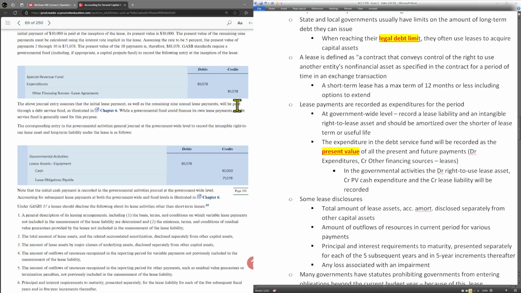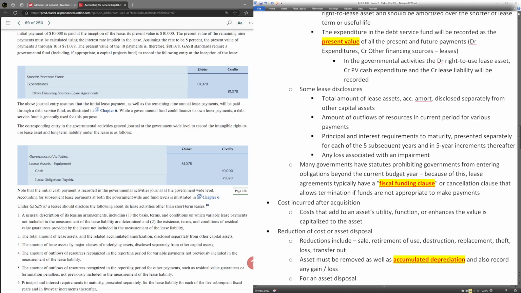Just notice that it's the same amounts, but because the government activities deals with long-term assets and long-term liabilities, it puts the journal entry in terms of that. Whereas the fund accounting, the modified accrual, only looks at what are the current resources and what liabilities can we currently pay with current resources. So because all of this money is sort of hypothesized because of a present value function, we can record both of those.